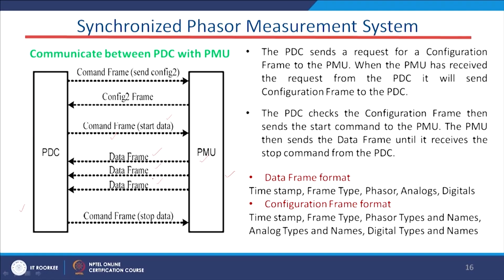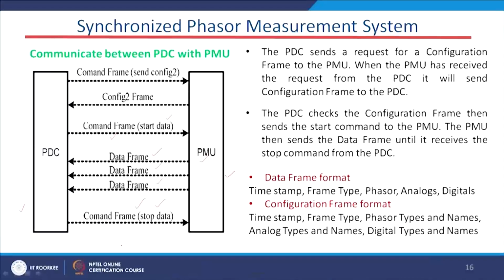The second one: this data will be sent to the PDC from the PMU until the PMU receives the stop data command from the PDC. Here it is, the command frame, stop data. If this command is received by the PMU, the PMU will stop sending data to the PDC. That is the first phase of operation.